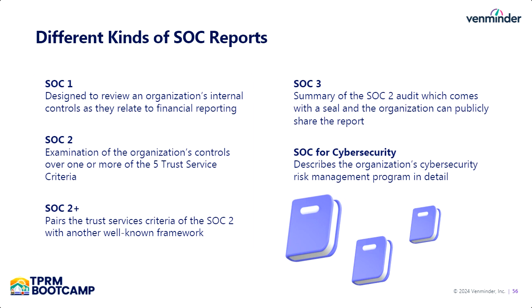So it's a little bit more scoped. A SOC 2 Plus pairs that trust service criteria with another well-known framework. A SOC 3 is really a summary of a SOC 2. And a SOC for cybersecurity is relatively new. I mean, it's been around for a while, but we don't see a lot of people taking advantage of them. But they describe the organization's cybersecurity risk management program in detail. Again, a SOC 1 and 2 is what you'll primarily see, and that's really what we'll focus on for today.